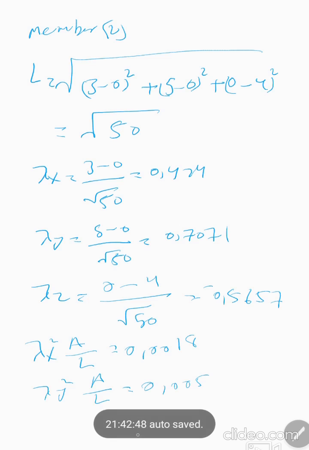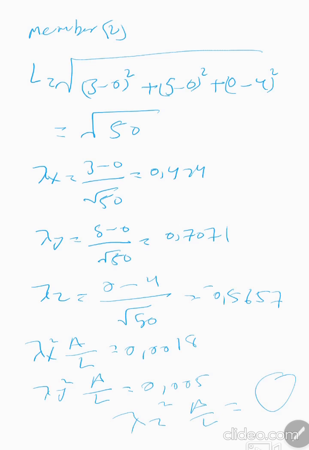And the last one, lambda z squared times A over L, you will get the value the same way. Okay, then write the matrix.